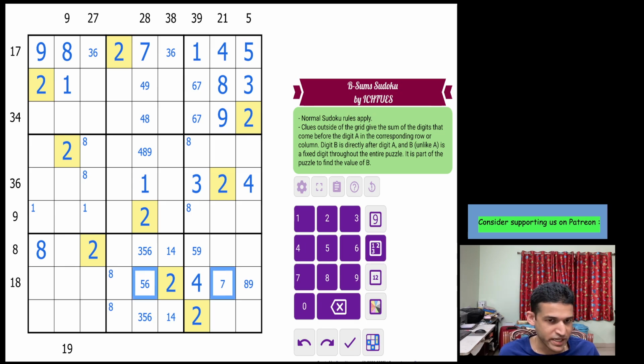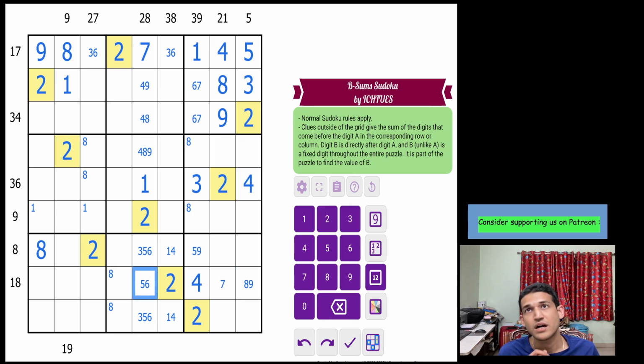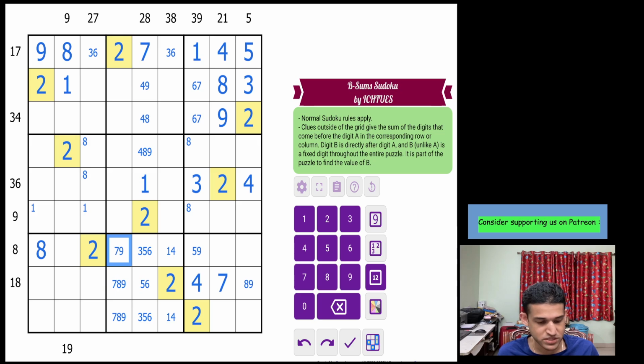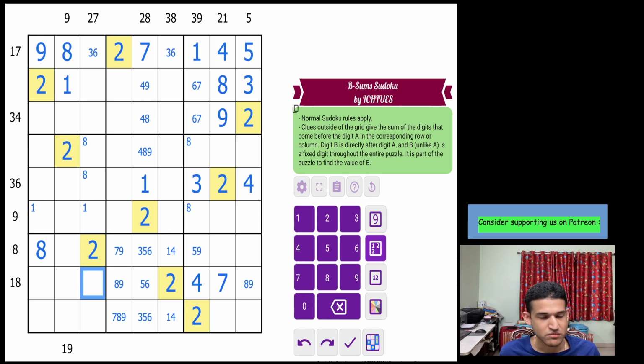These 3 cells add up to 21. It is 5, 7, 9, or 6, 7, 8, right? So this will always be a 7. And now this is a triplet, 7, 8, 9, without the 8, without the 7. Okay, 1 in box 7 goes in one of these 2 cells, or rather 1 in row 8.